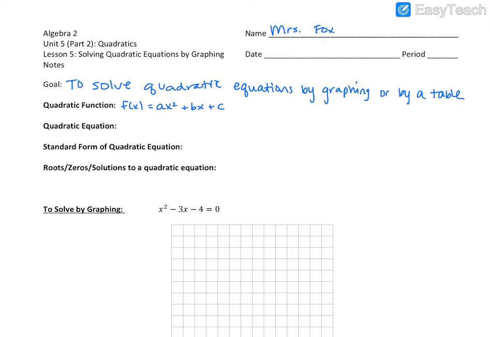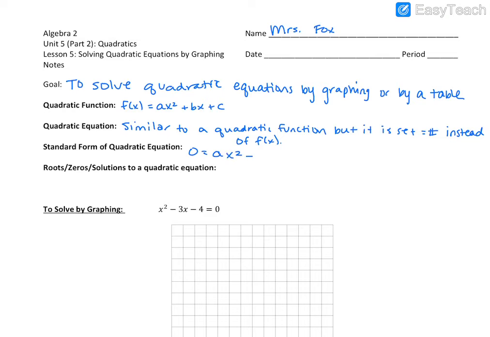A quadratic equation is similar to a function, but it is set equal to a number instead of f of x. So then that example would be 0 equals ax squared plus bx plus c, which is our standard form of a quadratic equation.